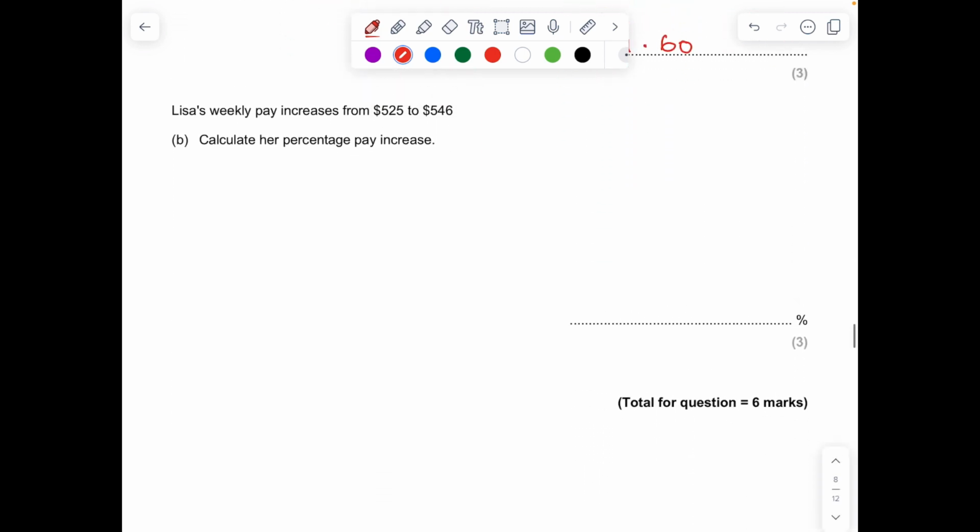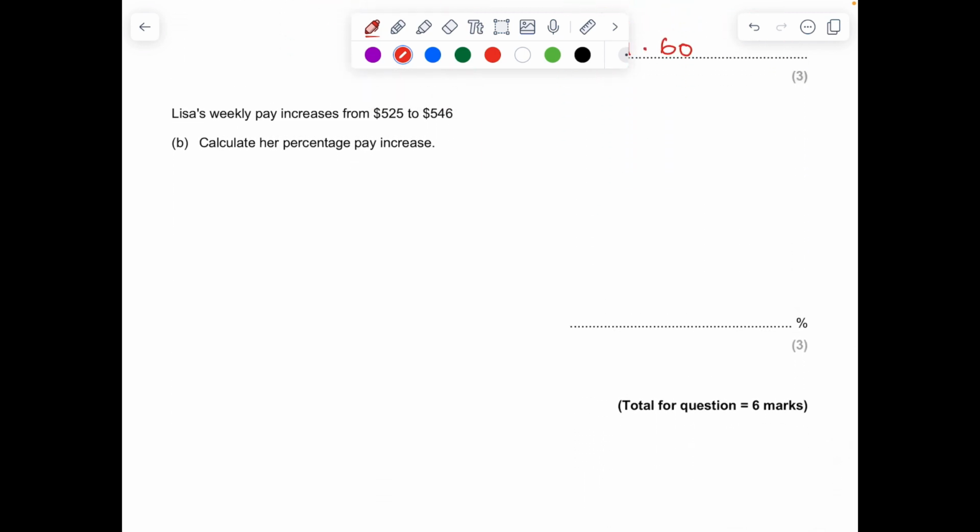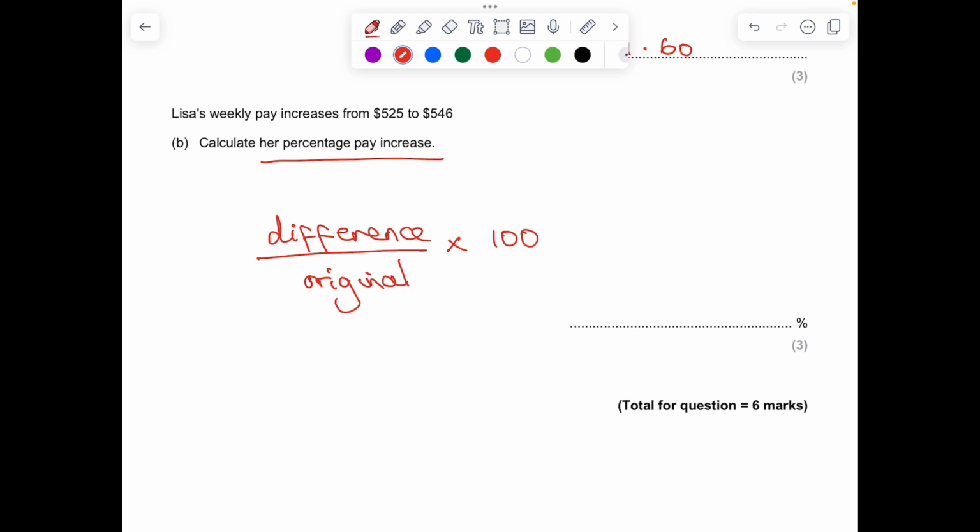Okay. Next one, we're calculating her percentage pay increase. So remember, it's the difference divided by the original, times by 100. So the difference, 546 take away 525. I think I'm a bit sleepy today.